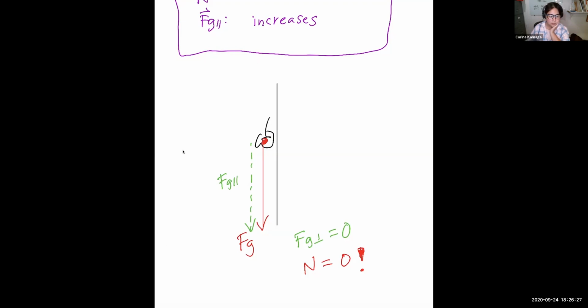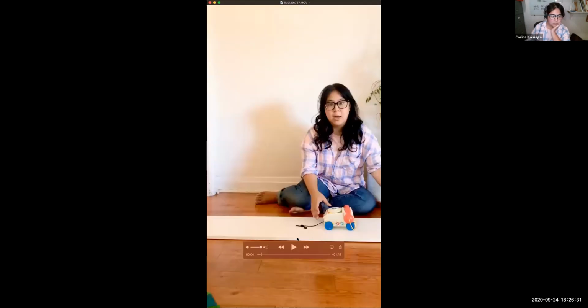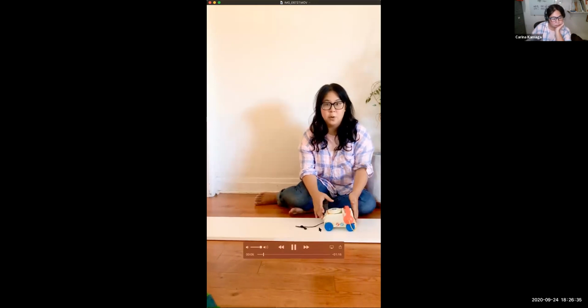I'm going to show you again. See what happens to this toy. All I'm doing is just tilting. I'm not pushing or anything. You know what it does. It starts moving. As you see, there are no new forces exerted, correct? Is there any new force?